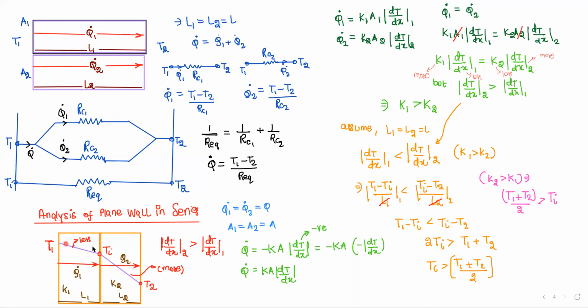Since T1 is greater than Ti, the slope will be negative, a straight line connecting T1 and T2. dT by dx is negative, so this negative is outside the mod term. So Q is equal to kA dT by dx. We can write Q1 as k1 A1 dT by dx1.